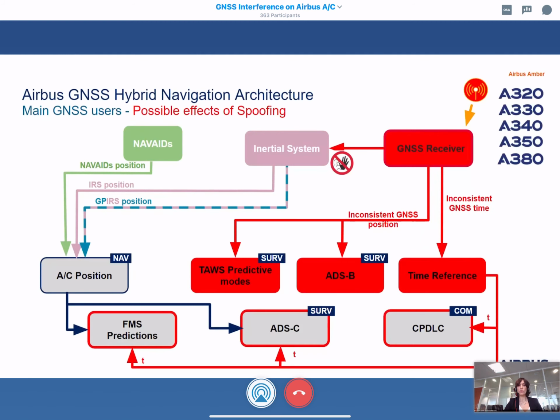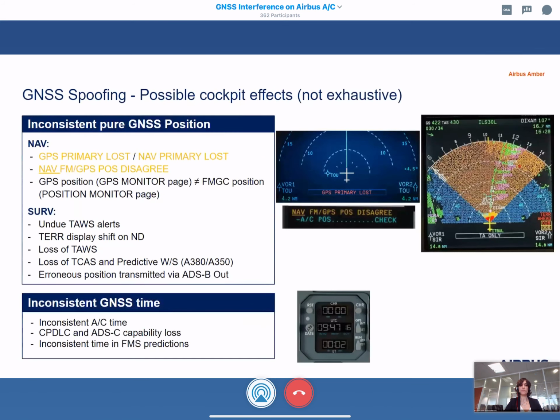Then, if we go to inconsistent time impact possibility, the GNSS receiver, if deceived by spoofing, may compute inconsistent GNSS time that may affect the aircraft time reference. It could be observed and affect the FMS predictions, ADS-C, and CPDLC functions.